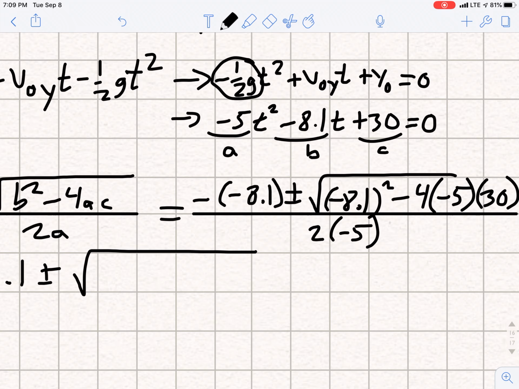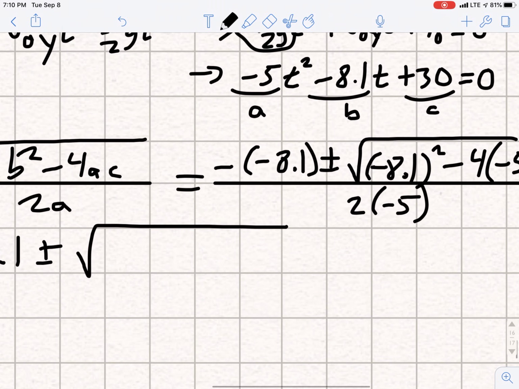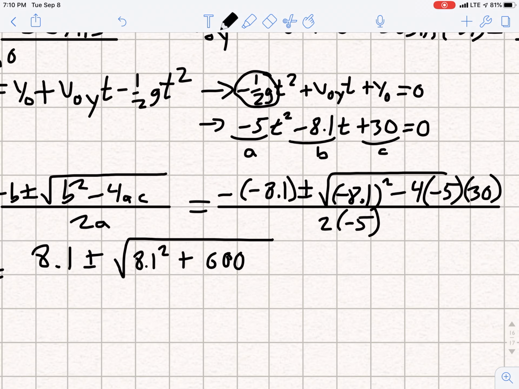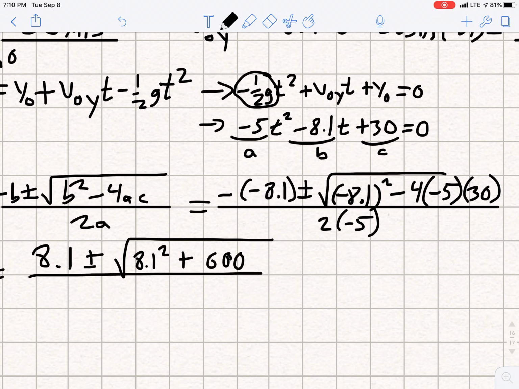Now, negative 4 times negative 5 is 20, and 20 times 30 is going to be 600. So we're basically going 8.1 squared plus 600, over negative 10.